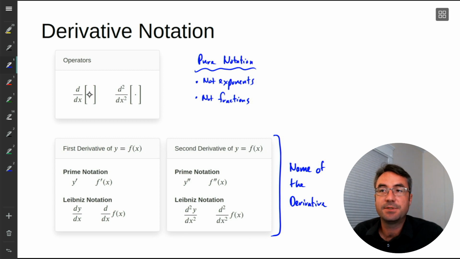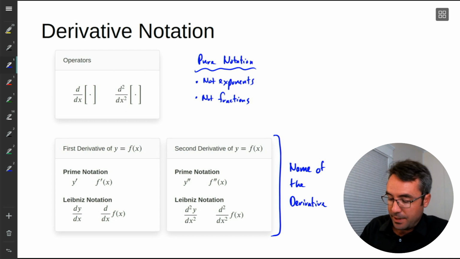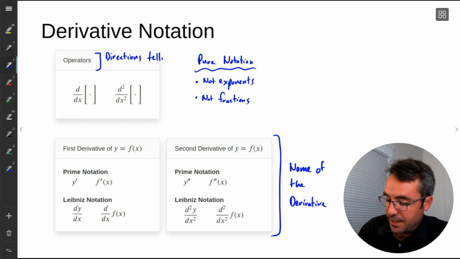So if we had an x squared inside here, that would be telling us to take that function x squared and differentiate it with respect to x, or take that function x squared and calculate the second derivative with respect to x. So the operator notation is really directions telling us to differentiate.